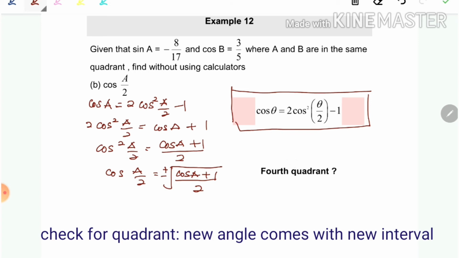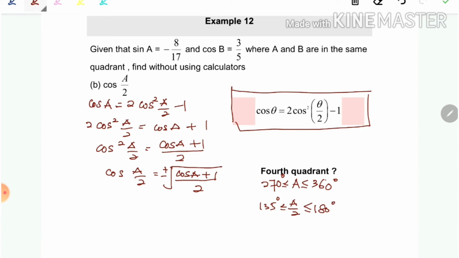Next, we have to consider the quadrant, where A lies in the fourth quadrant. Fourth quadrant is 270 degrees until 360 degrees. Now we have half A. Half A means we have 135 degrees until 180 degrees. Now the fourth quadrant has been changed into the second quadrant.